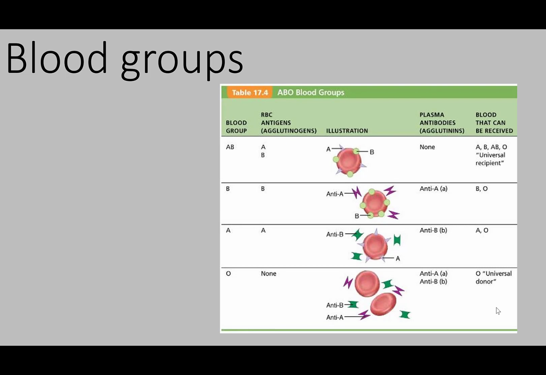Remember when we were looking at the plasma membrane and all of the stuff that we find on the surface? Well, there were a lot of proteins and glycoproteins, things like that.